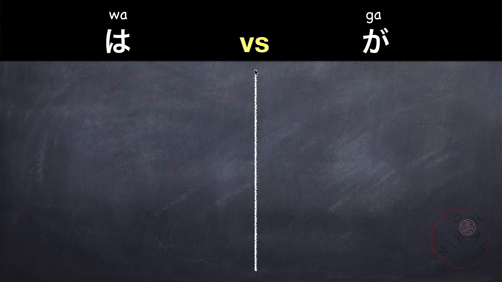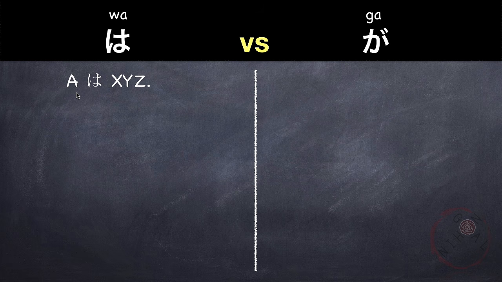Okay, now what is the difference between the particle wa and the particle ga? They are both used as a topic or subject marker in the sentence. But when do we use wa and when do we use ga? Let's take a look. A wa XYZ. A is the topic, or what the sentence is talking about. Both the speaker and the listener are familiar with the topic.